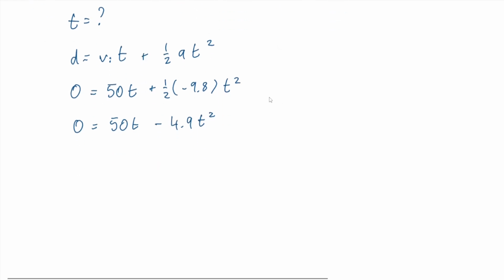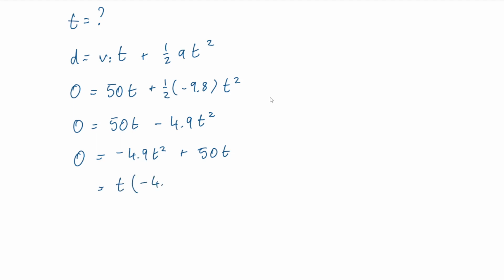Okay, so I'll show you algebraically first, but then also on your calculator. So I'm just going to put the t squared term first. So algebraically, we could factorize this. I see they have a common factor of t, leaving us minus 4.9t plus 50.